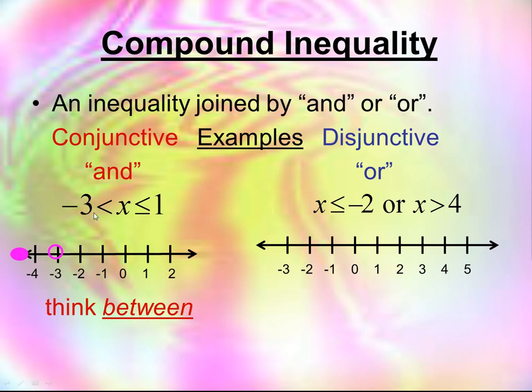And of course the left endpoint is going to be open because it doesn't include that endpoint. But the right endpoint, the upper endpoint, is going to be closed because we've got that equal sign there, right? And then we just shade everything in between. Okay? So and inequalities always look like that. They always are going to be an interval pinched between a lower limit and an upper limit every time. Okay? Does that make sense?